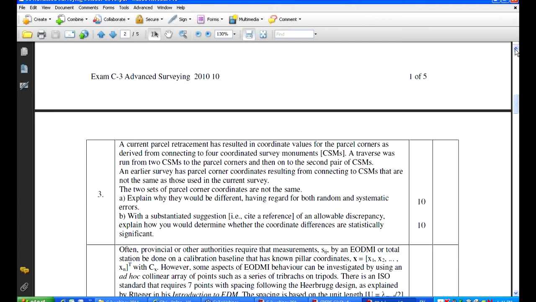What's the allowable discrepancy for the differences in coordinate values? So statistically significant would require you to evaluate a quantity and come up with the uncertainty associated with that quantity. And typically, if you do the propagation of standard deviations, then that's at the standard level, and usually testing is done at a higher level, say 95%.